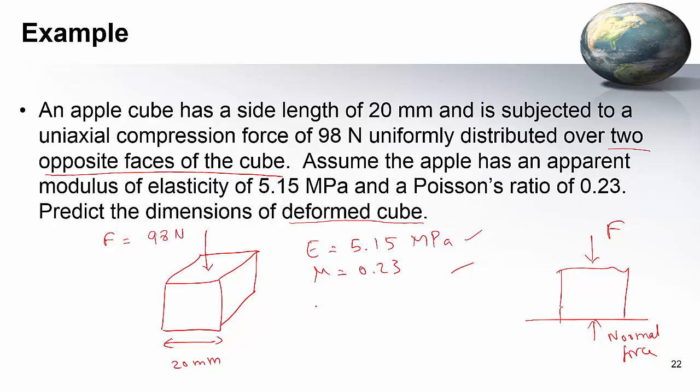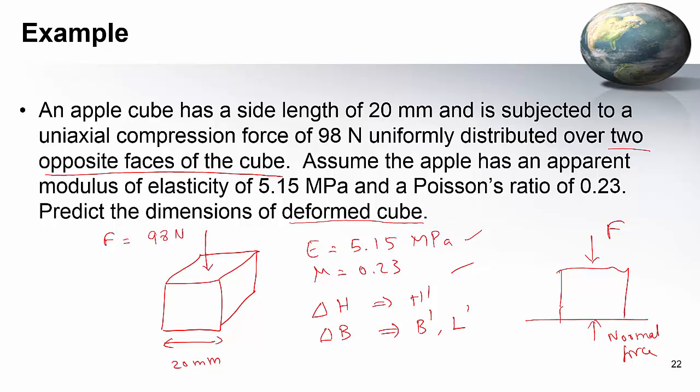So basically, if you can know what is delta L, or let's call it delta H, and maybe delta B, those are the two things you need, so that you can determine the new H, new B prime, and the L prime.